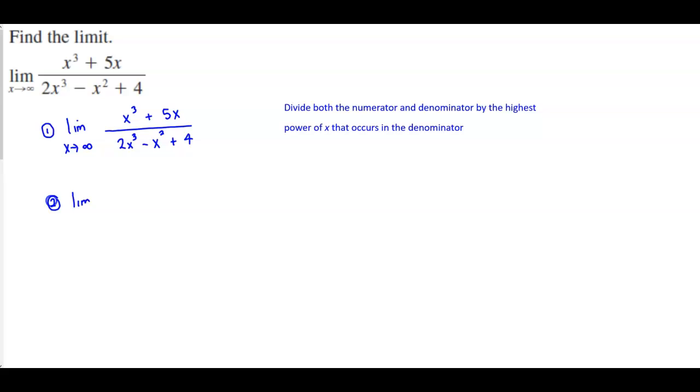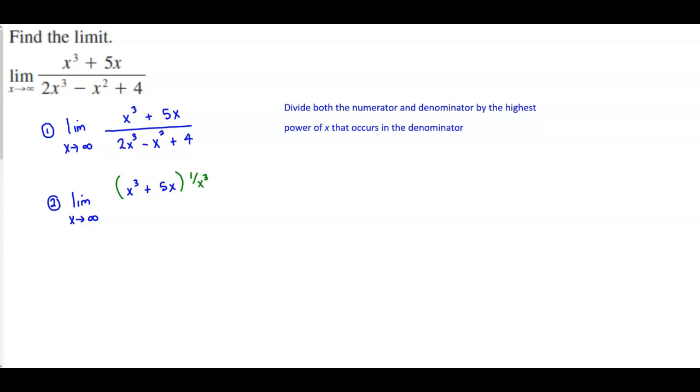So we have the limit as x is approaching infinity. So what we can do is we have x cubed plus 5x, and we can multiply that by the highest degree in the denominator, by 1 over x cubed.